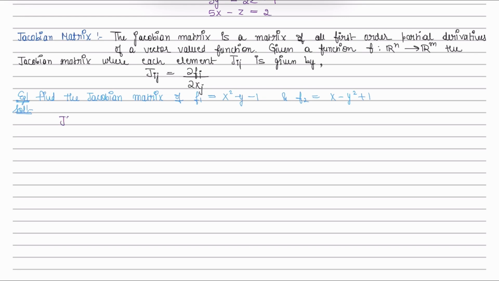For the Jacobian matrix, the entries will be partial derivative of f1 by x, partial derivative of f1 with respect to the second variable, and partial derivative of f2 with respect to first variable, partial derivative of f2 with respect to second variable.